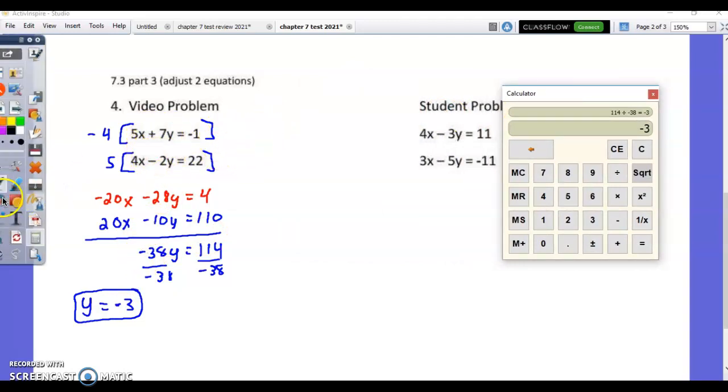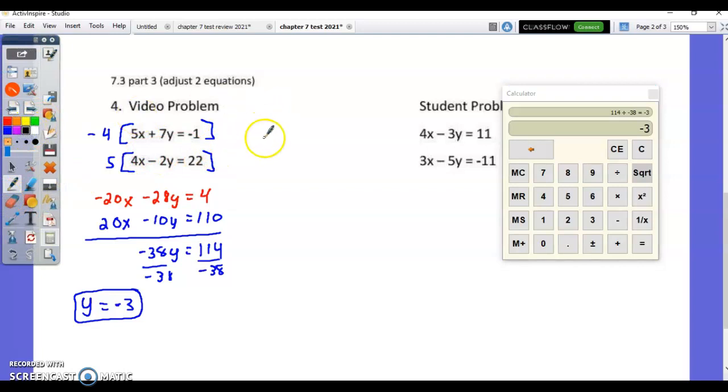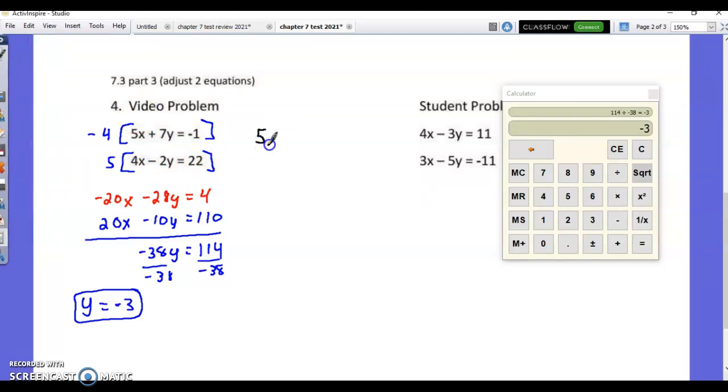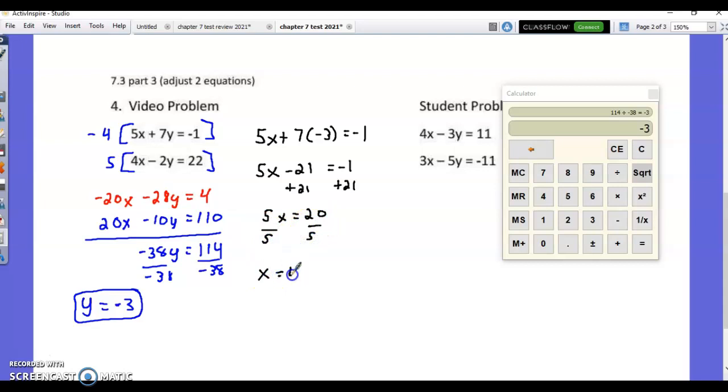So 5x plus 7, in parentheses negative 3, equals negative 1. 5x minus 21 equals negative 1, because we multiplied that. Add 21 to both sides. 5x equals 20. Divide by 5. X equals 4.